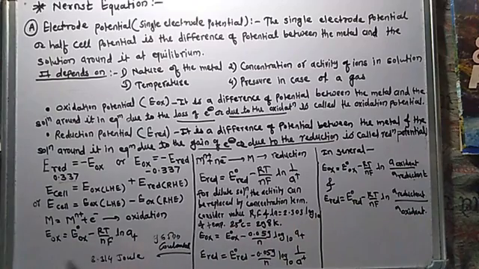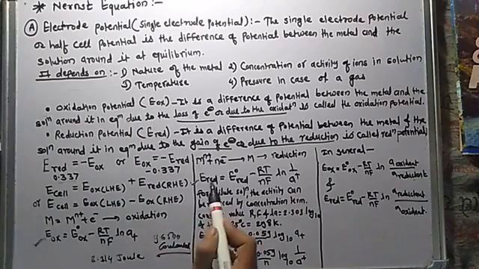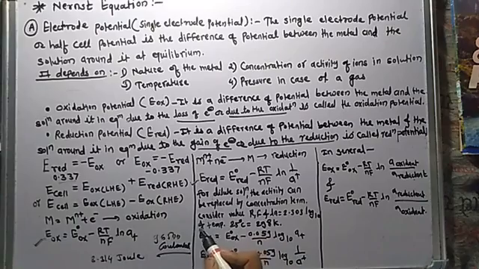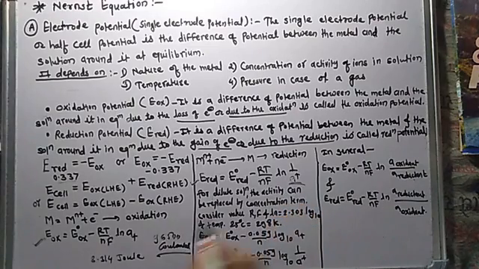In these two Nernst equations, for dilute solutions the activity can be replaced by the concentration term. If we consider the values of R and F, we know that the R value is 8.314 joule and the F value is 96500 coulombs.